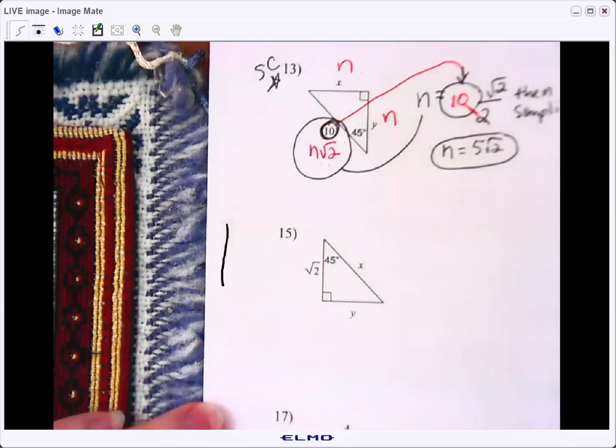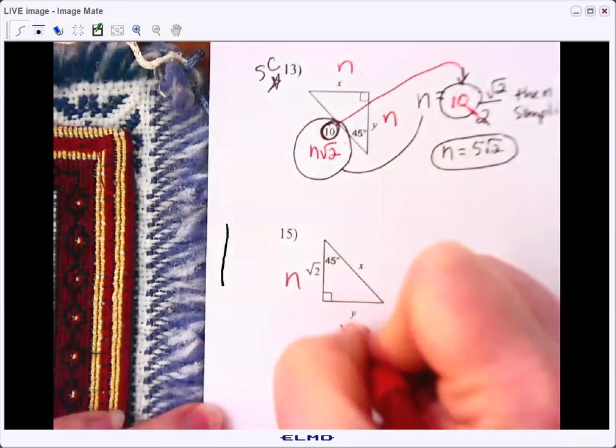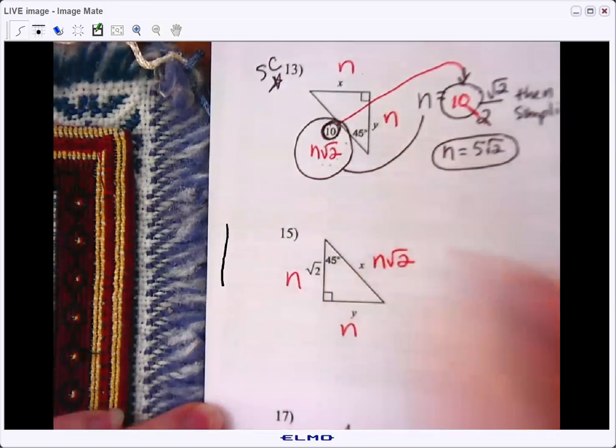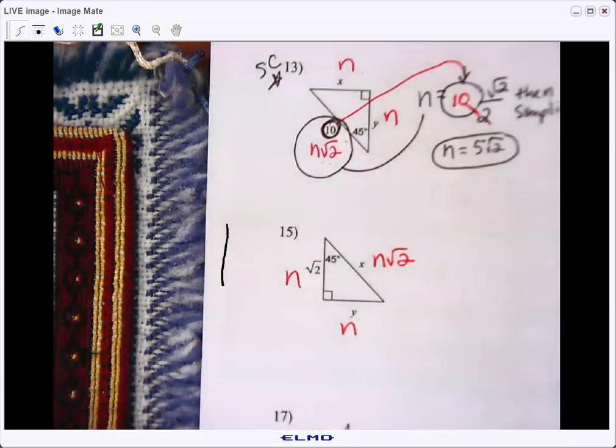So we label n, and n root 2. Let me give you a second to do that. Write down what you think the other side of your triangle is going to be, which is n or y, and then find the hypotenuse, n root 2 or x, and put that in the chat box.